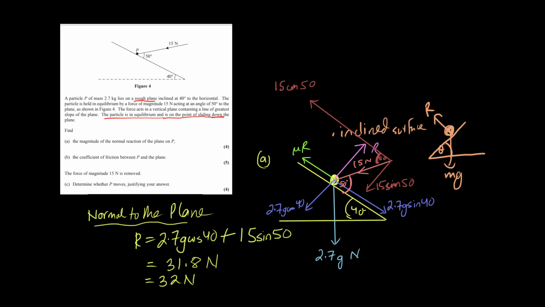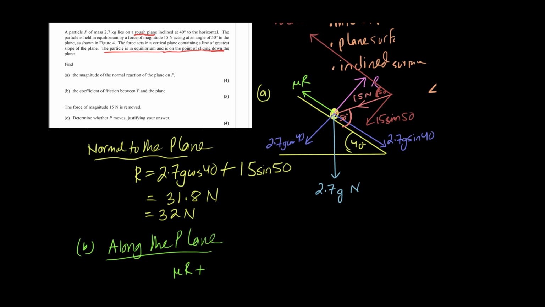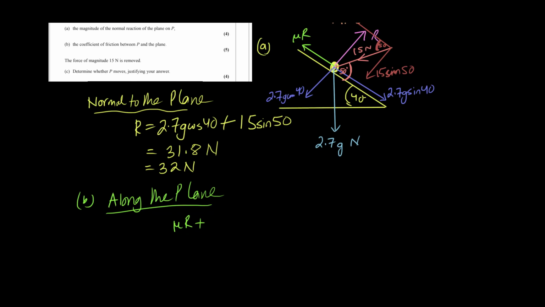Question number B. In question number B, we have to find mu. That means we have to do this along the plane. Going upward, we have two forces. One is mu r, plus the other force is right over here, 15 cos 50. And going downwards along the plane, that is 2.7 g sine 40.